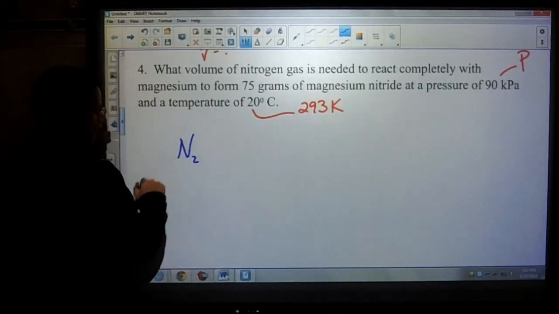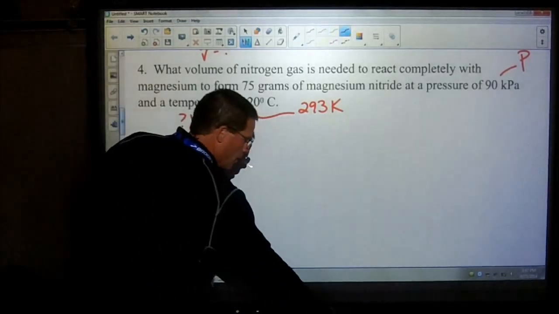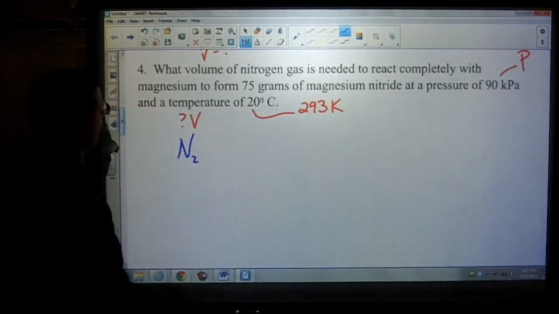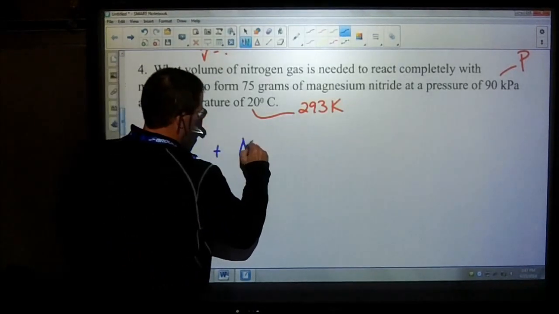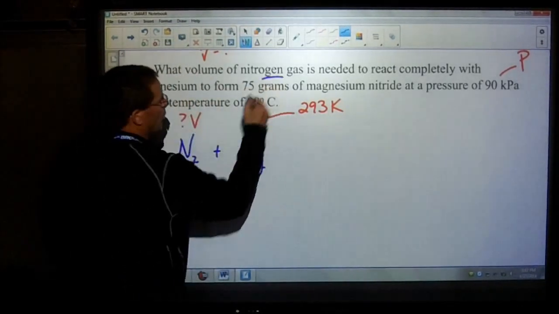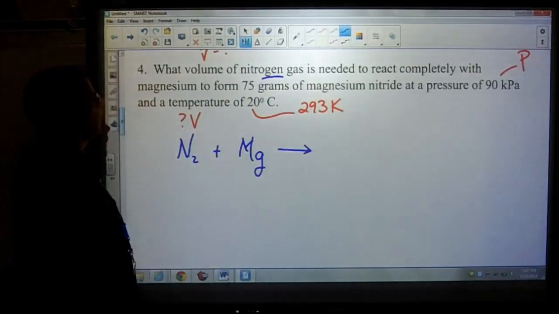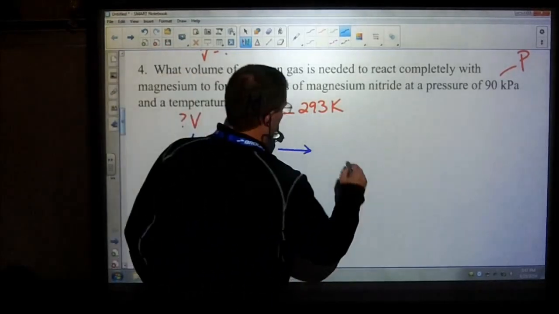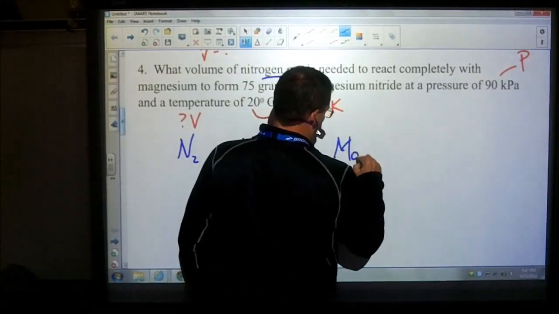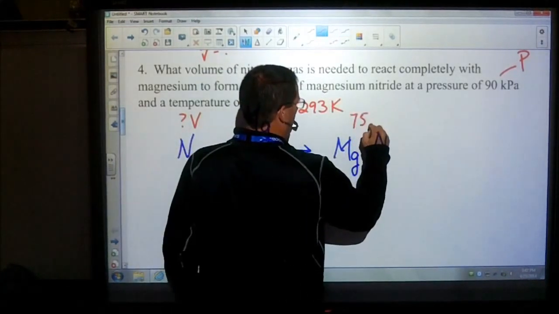So we want the volume of nitrogen gas, N2 because it's diatomic, to react with magnesium to form 75 grams of magnesium nitride.